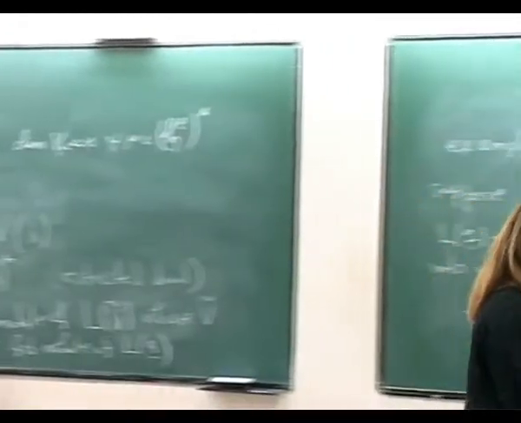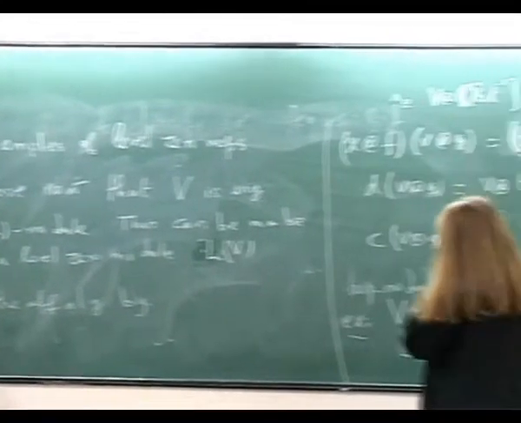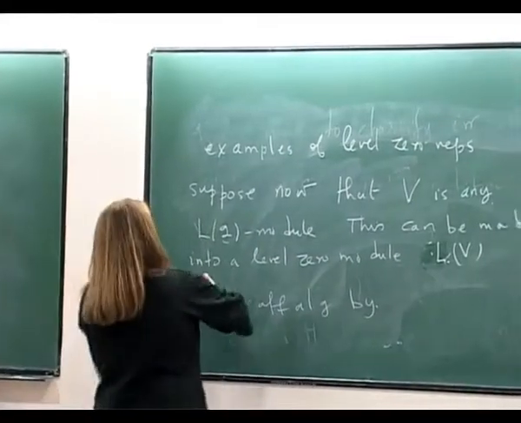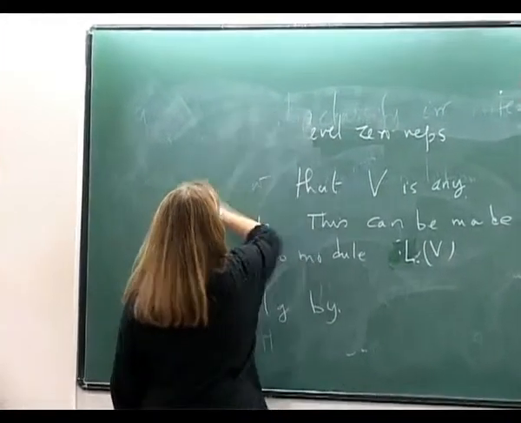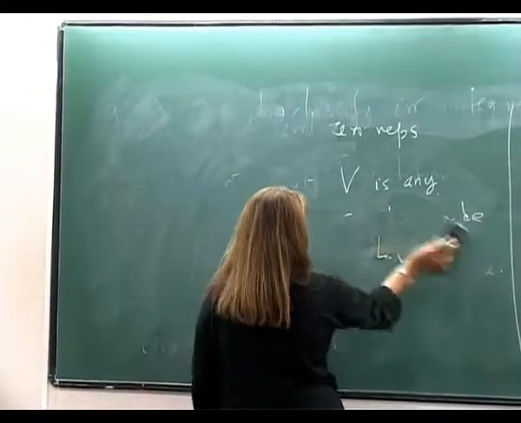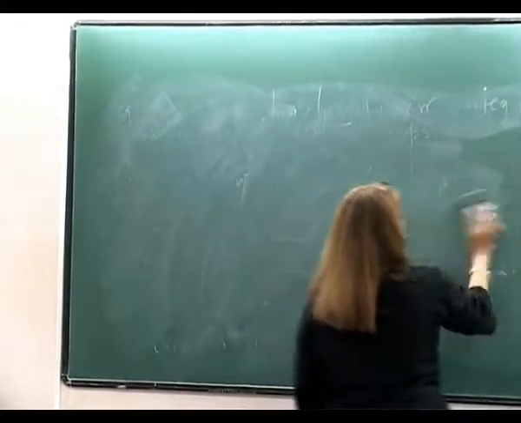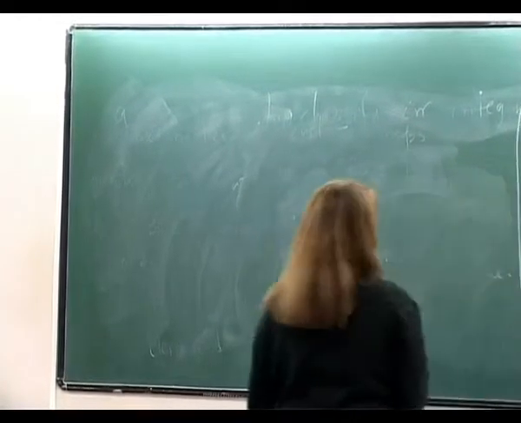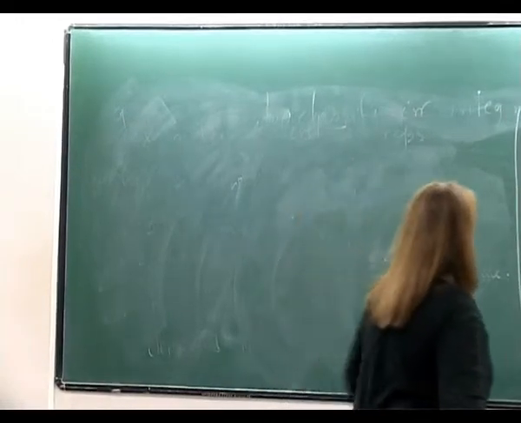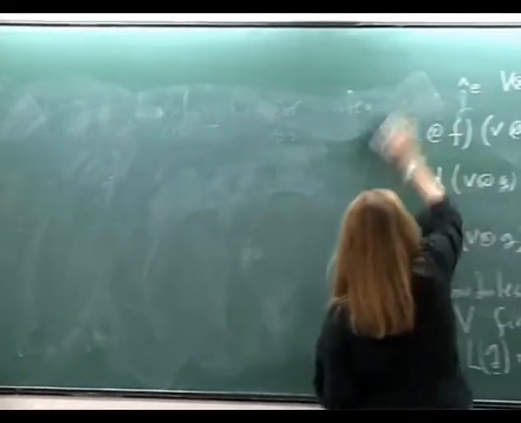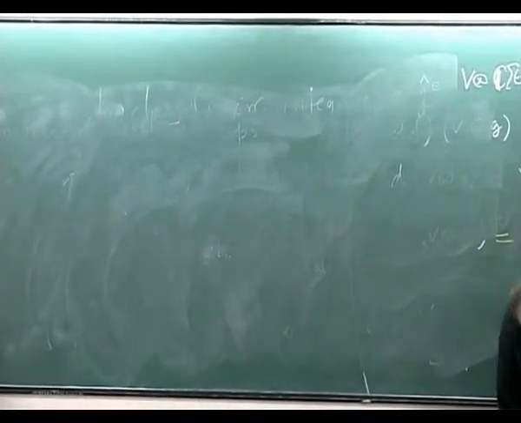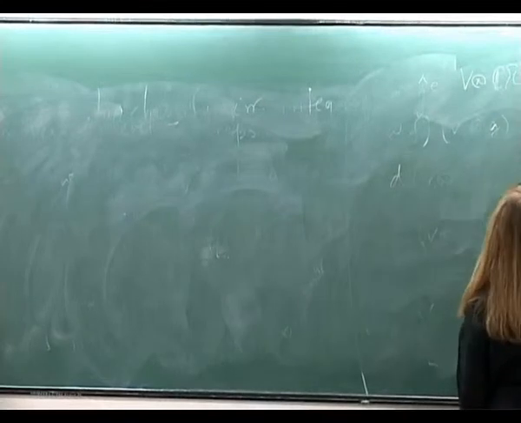So let's look at other examples of this construction. So what exactly is going on over here? What's an easy way to construct representations of LG?